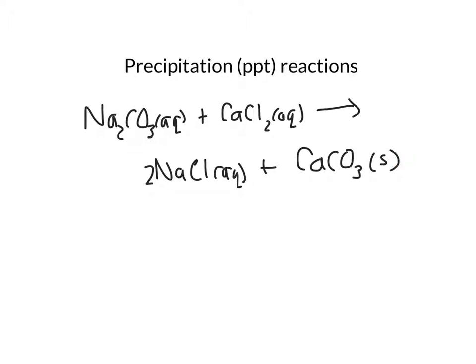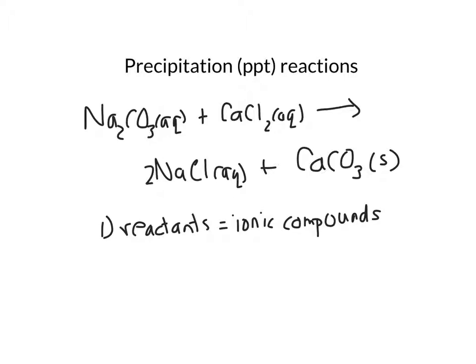So we can tell if we have a precipitation reaction or an ionic displacement reaction because, first of all, the reactants are ionic compounds. Secondly, one of the products is a solid.